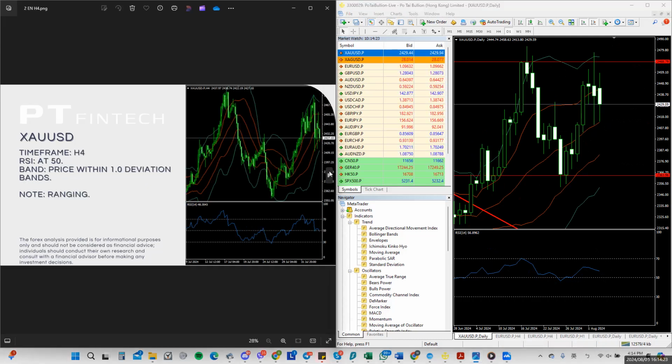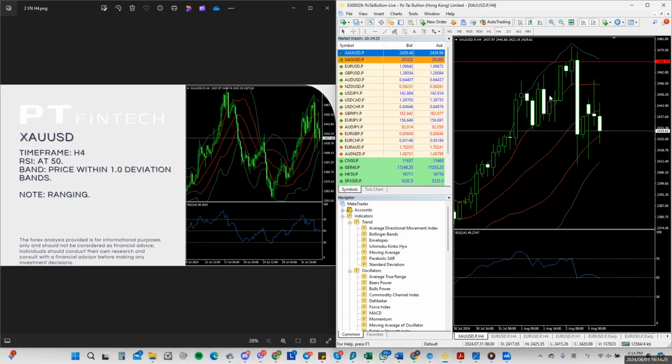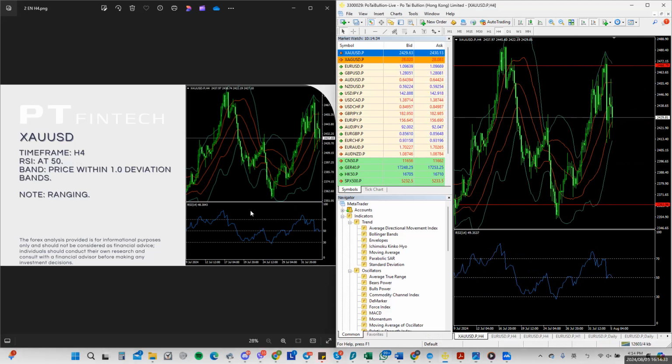All right, so let's drop the time zone to H4 and see if we get some other information. Let's zoom out. On H4, PTips claims that RSI is at 50. You see, that's why we're in a ranging market right now, because on H4 we're literally at 50. So potentially a stronger ranging market is going to be more prominent.